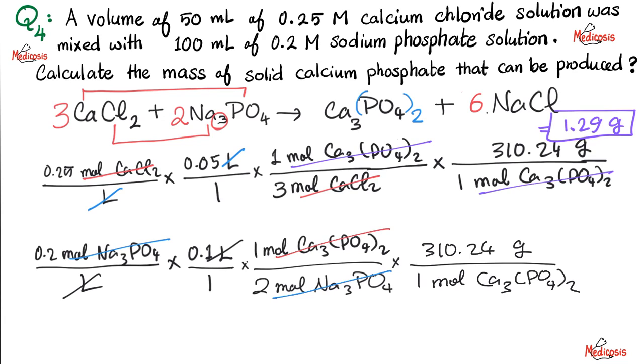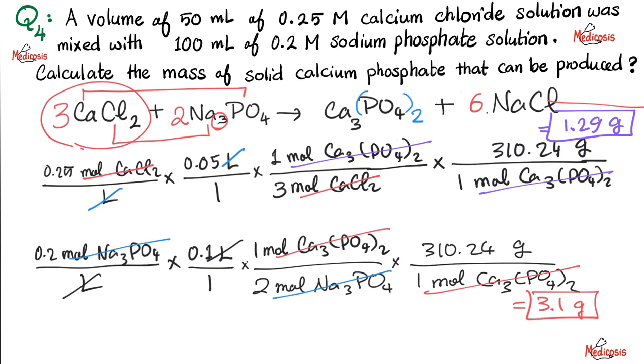Cancel mole calcium phosphate with mole calcium phosphate and your answer will be in grams. And the final answer for this is what? It is 3.1 grams. Then ask yourself, out of these two, which one is the lower? Of course, 1.29 is less than 3 grams, making the first one, which is calcium chloride, the actual limiting reactant.